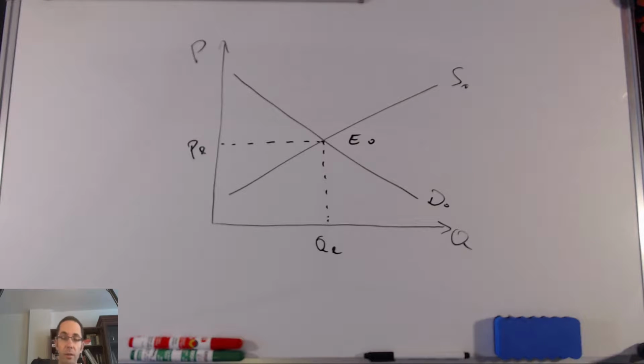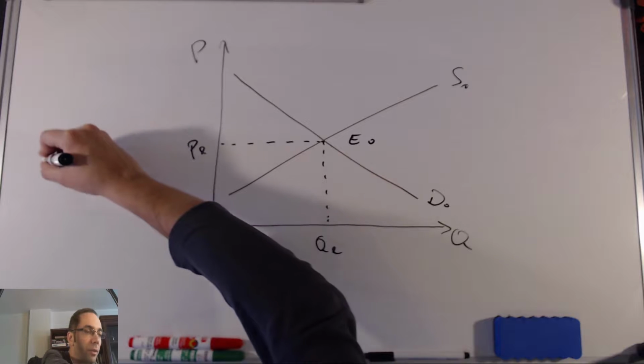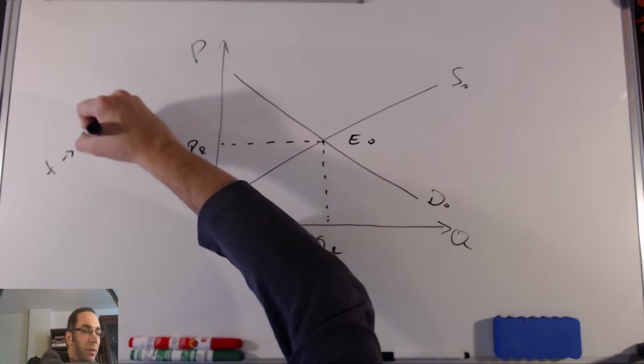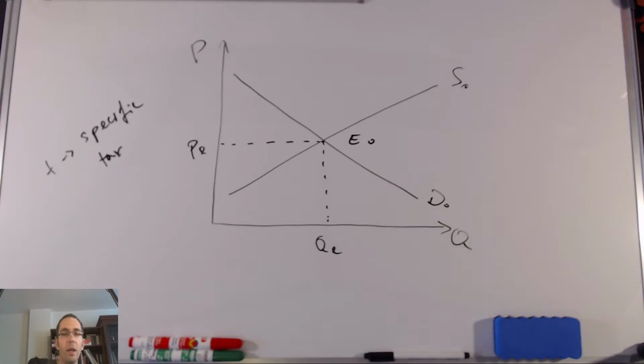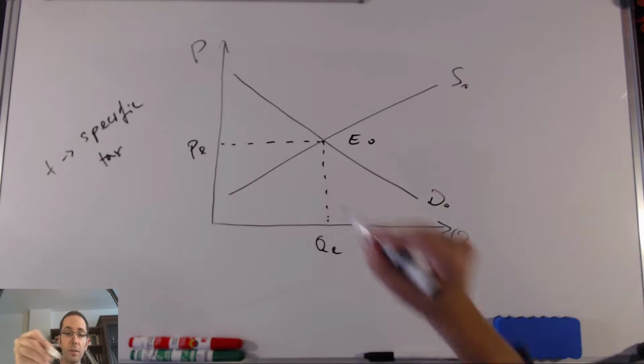An indirect tax or an expenditure tax will decrease our supply. And to make things somewhat easier, we'll assume that the tax would be a specific tax, which is also called a unit tax. So we have T is a specific tax. And we'll have a parallel shift to the left of the supply curve when we levy this tax.